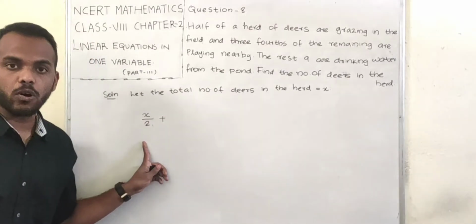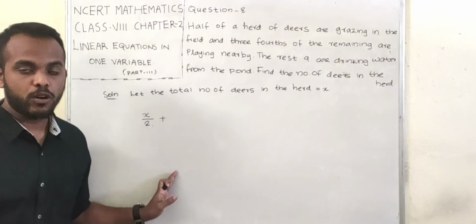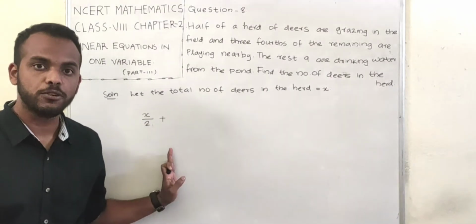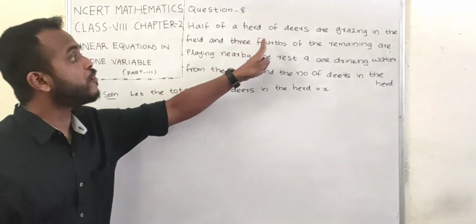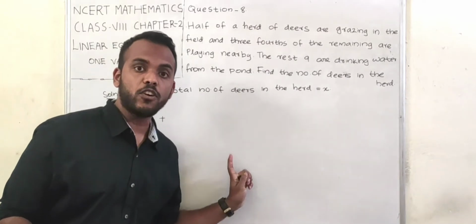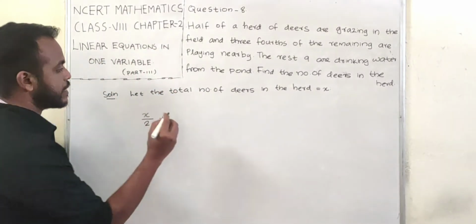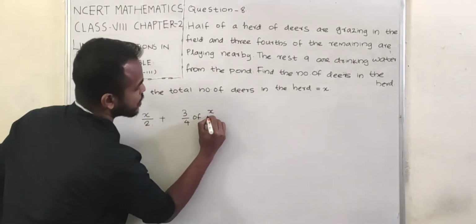Now, x by 2 is gone. Then, what is remaining? x by 2 will be remaining because x by 2 plus x by 2 will give us x. So, half of x is x by 2. The remaining half is x by 2. And from them, 3/4 of the remaining. That is 3/4 of the remaining x by 2. Did you get it? That is 3/4 of x by 2.